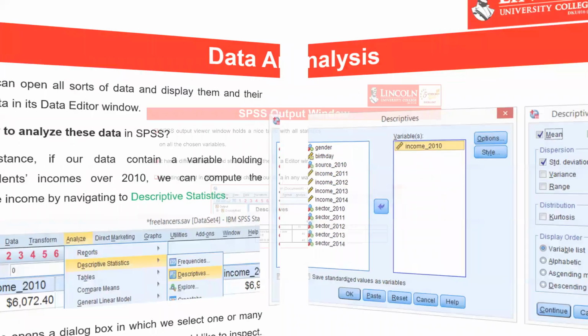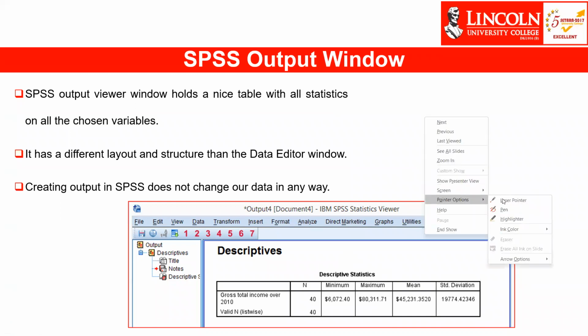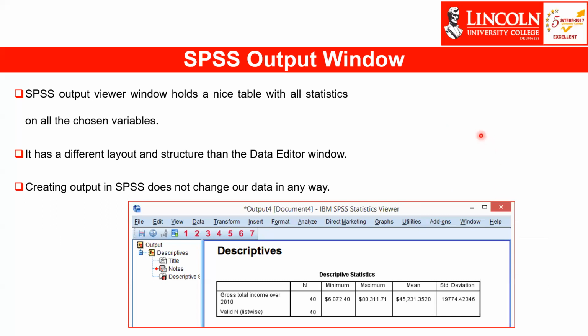Also, the SPSS output window, which we have here. The SPSS output viewer window holds a nice table with all statistics on all the chosen variables. It has a different layout and structure than the data editor window.